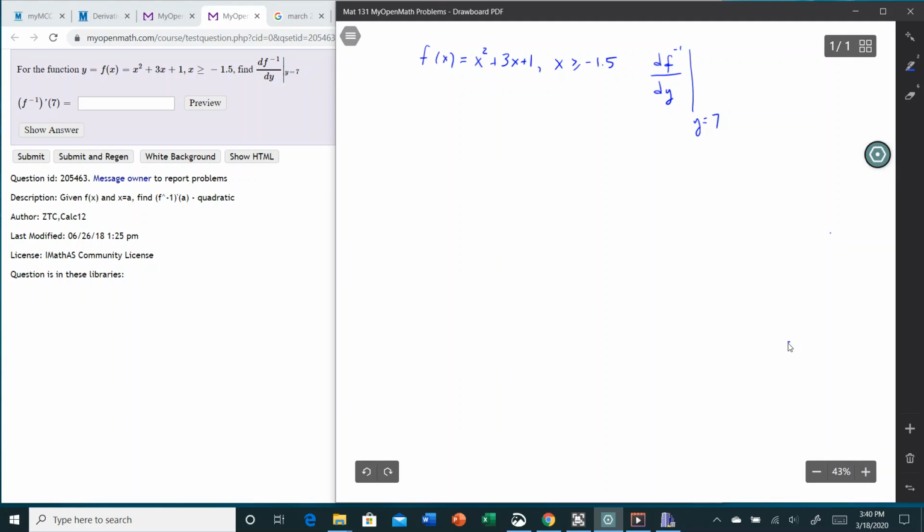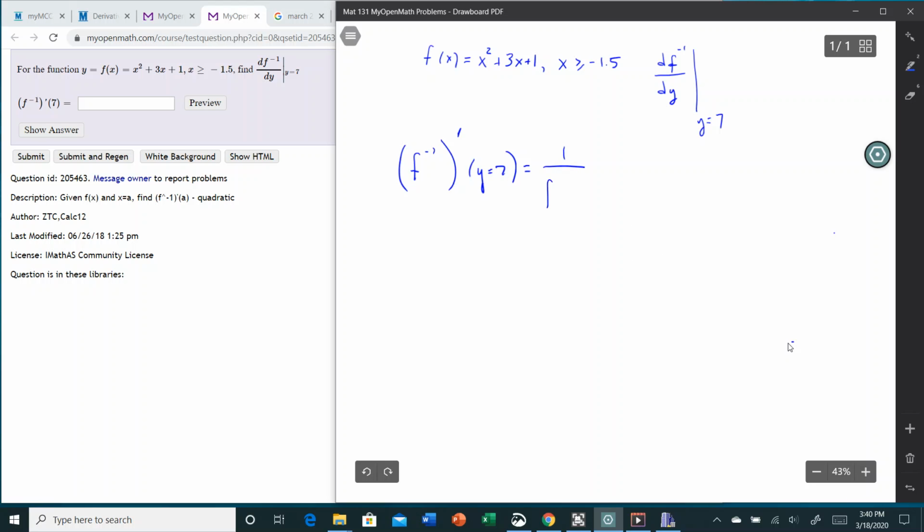Okay, so to find the derivative of this inverse function, according to the result in the red box, f inverse prime at, say, y equal to 7 is going to be equal to 1 over f prime of a, where a has the property that f of a is equal to 7.